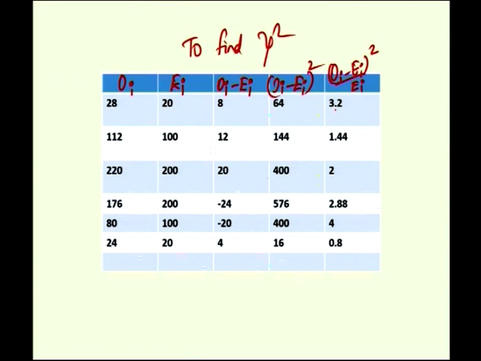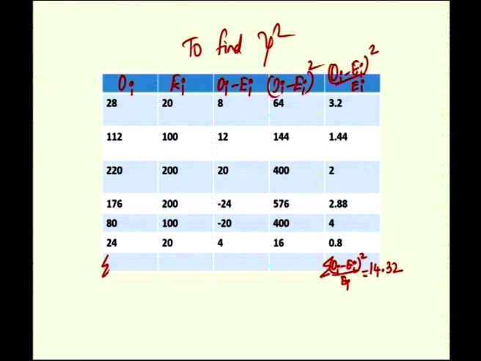This 3.2 is arrived at: 64 divided by 20 is equal to 3.2, 144 by 100 is 1.44, and 400 by 200 is 2, like that we have calculated this particular column, and the summation of (Oi minus Ei) whole square by Ei is equal to 14.32.